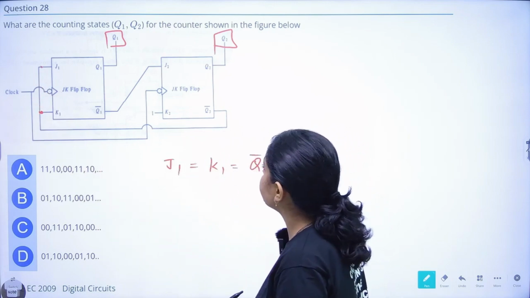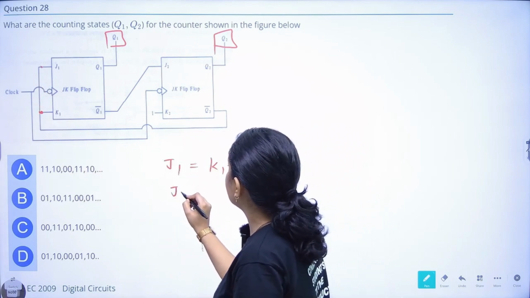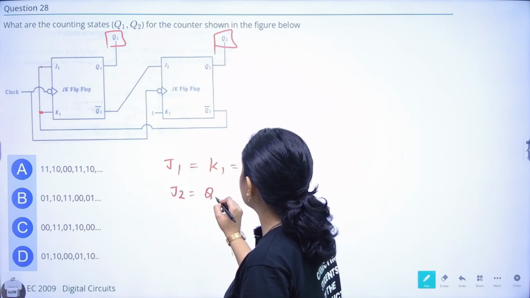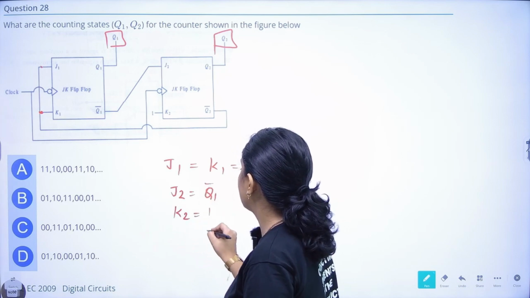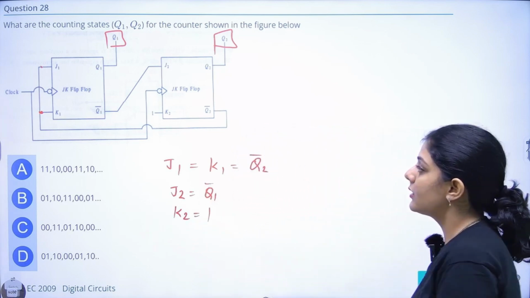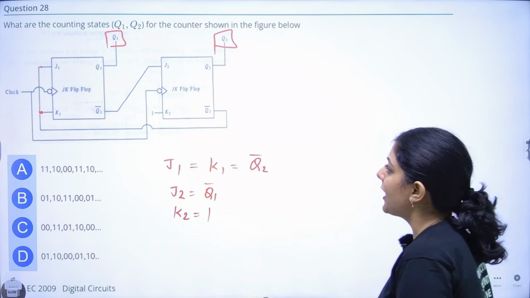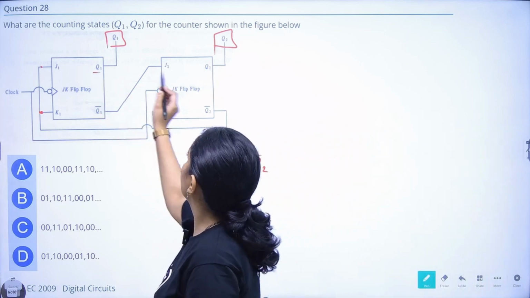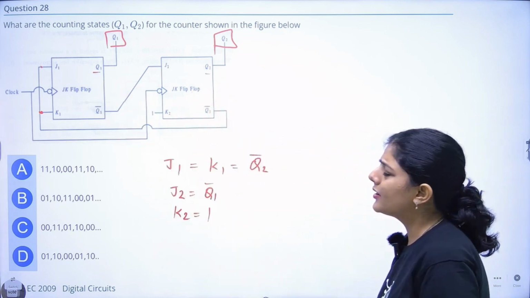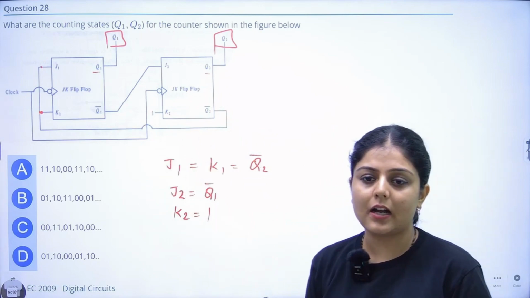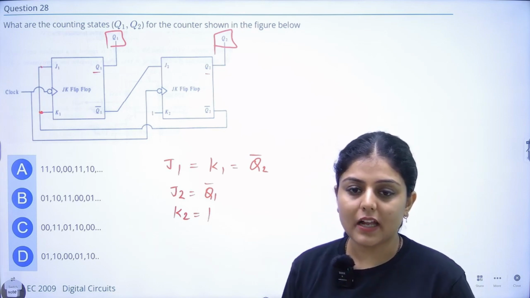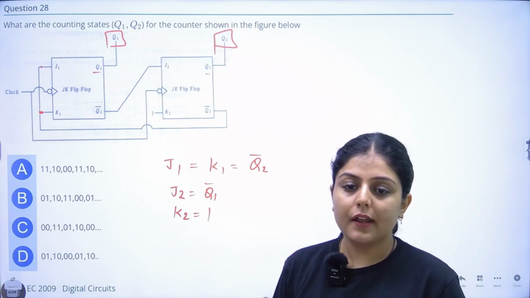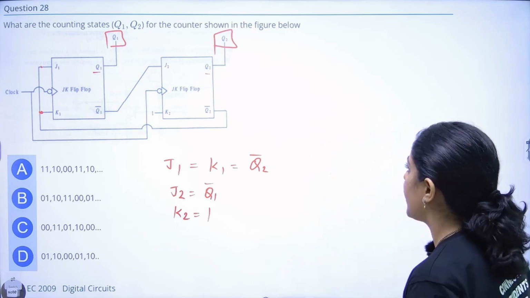J2 equals Q1 bar, and K2 is stable at 1 always. Now we have to find the values for Q1 and Q2. They haven't told us the initial value. If nothing is given, the default is to start from 0, 0. Keep the states 0, 0 and start from that.